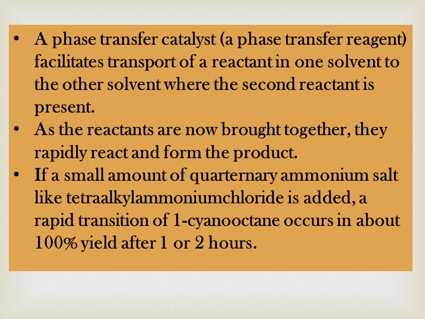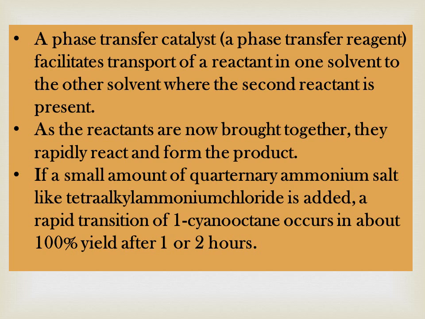A phase transfer catalyst or a phase transfer reagent facilitates transport of a reactant. What did I say? A blind person, one person will come, a helper will come, make him cross the road. Like that, the blind person is the reactant, and a helper is going to be the phase transfer reagent.